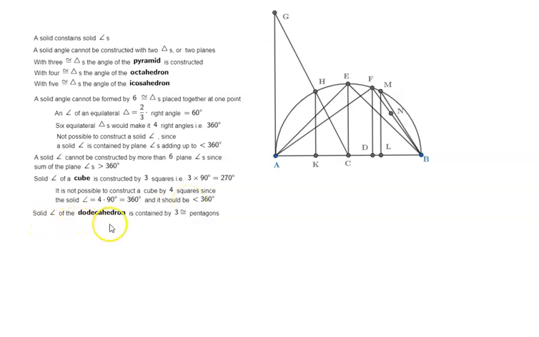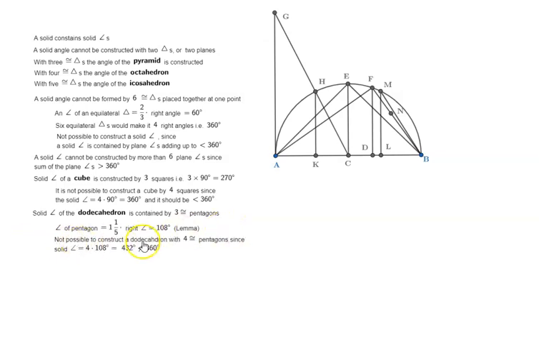Solid angle of the dodecahedron is contained by 3 equilateral and equiangular pentagons. Each of the angles of the pentagon is equal to 1 1/5 of a right angle, that is equal to 108 degrees. And we will prove this as part of the lemma later.